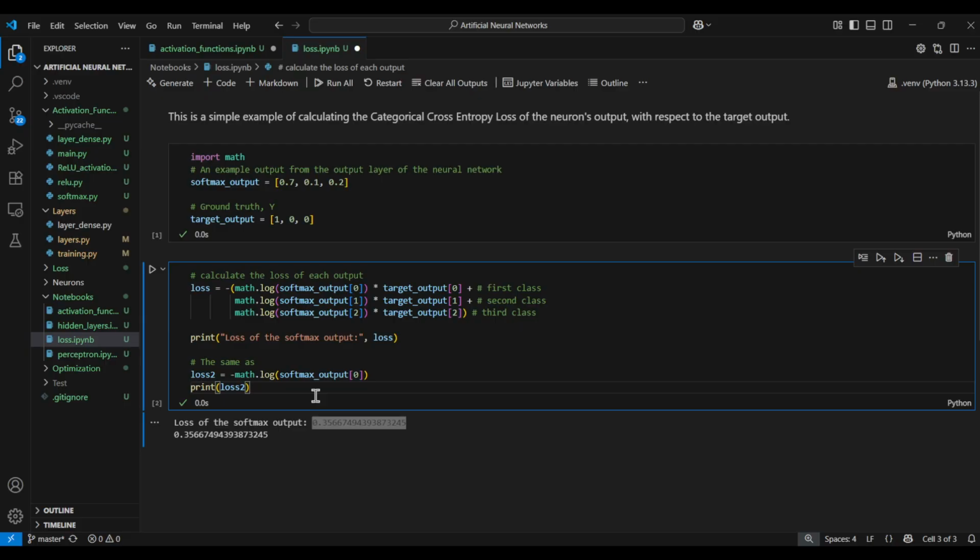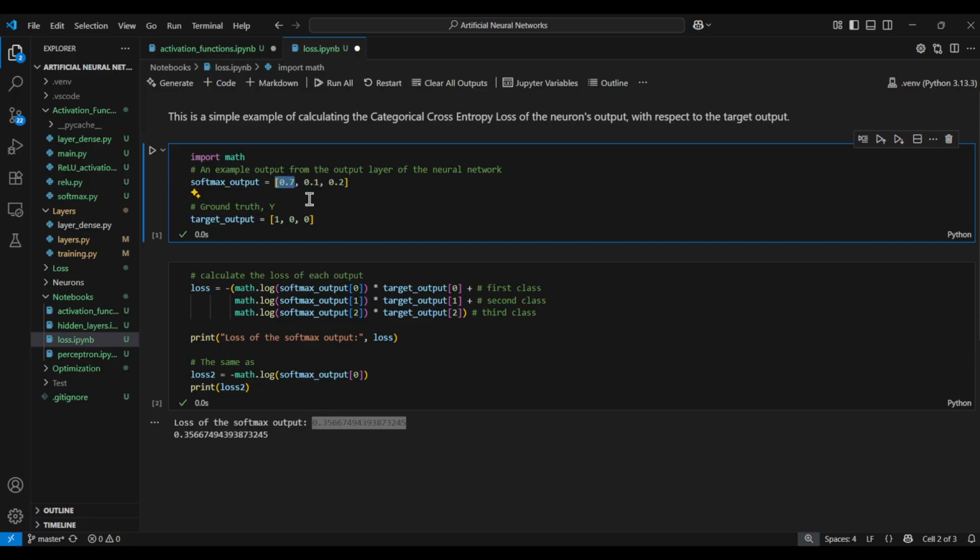Another thing for you to do, instead of manual calculating or performing an iteration or loop, you can just get the function, performing just the math.log of the first output, the first class, I mean, since the first class has the value of 1, while the others have the value of 0.